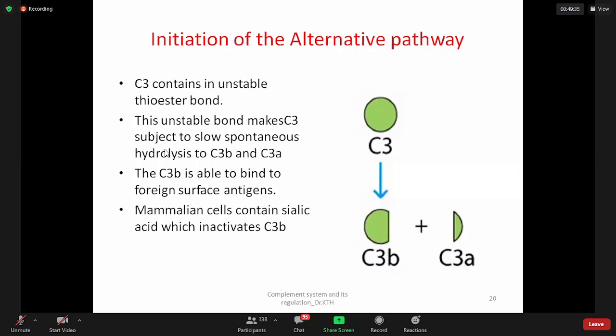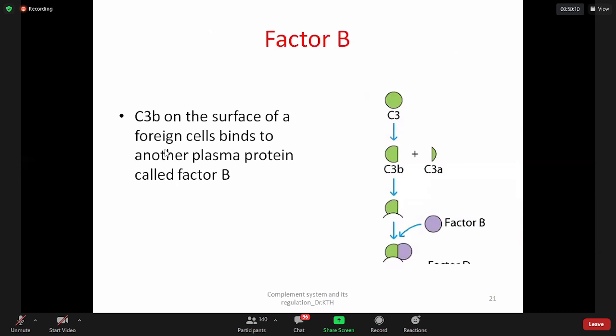But usually, this spontaneous C3B that is produced is unable to bind to our cells because our cells contain sialic acid, which will inactivate this C3B. And also we have other protective mechanisms, which I'll be telling you about. But for the case of the pathogen, it lacks this sialic acid. And because of this, C3B will simply bind onto that antigen.